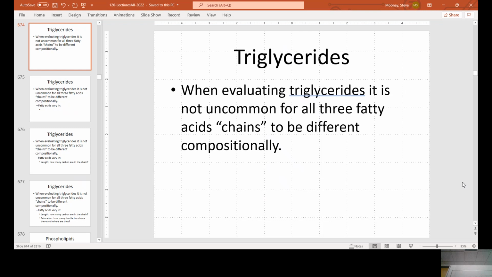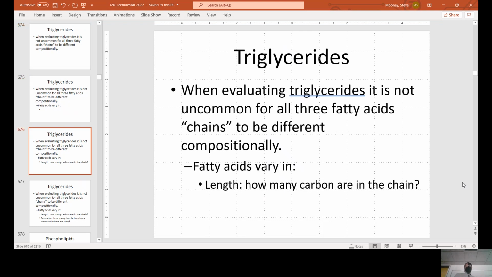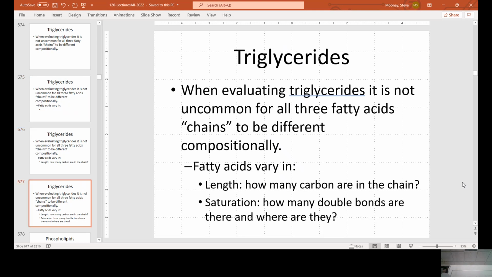Okay, continuing on. When we're evaluating our triglycerides, it's not uncommon that the three chains that are there are different. Fatty acids will vary in length.